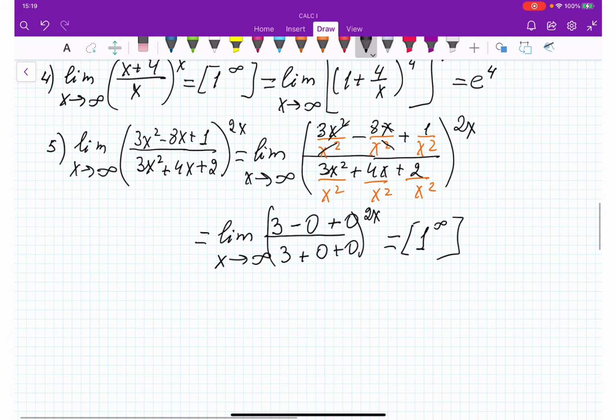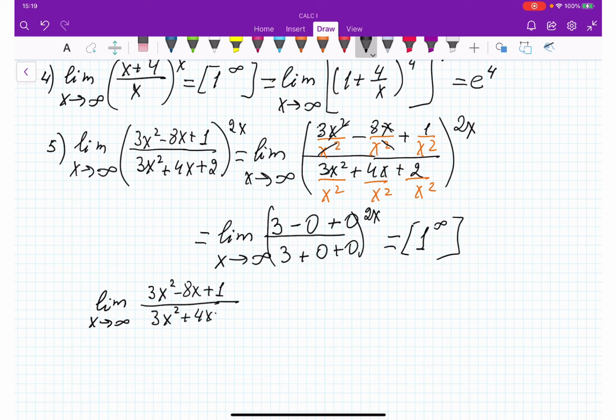So let's solve it. Limit as x approaches infinity of 3x squared minus 8x plus 1 over 3x squared plus 4x plus 2, to the power 2x.